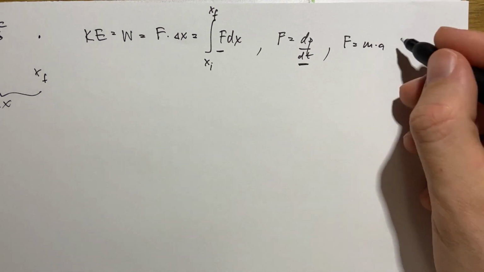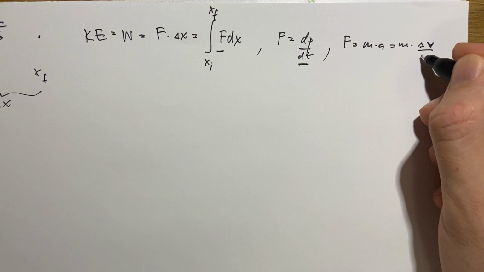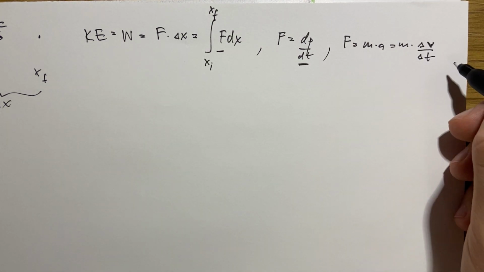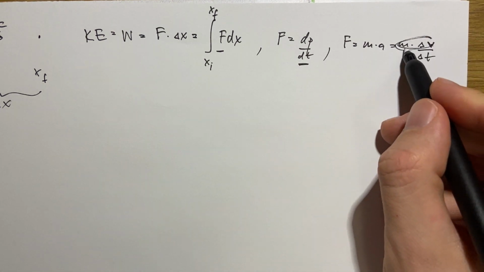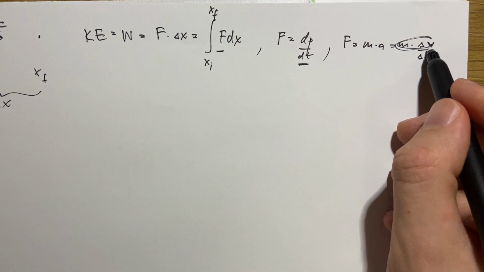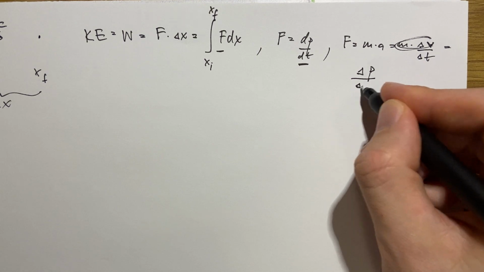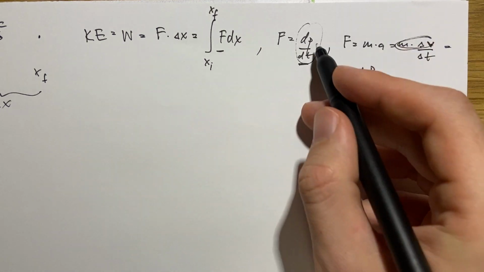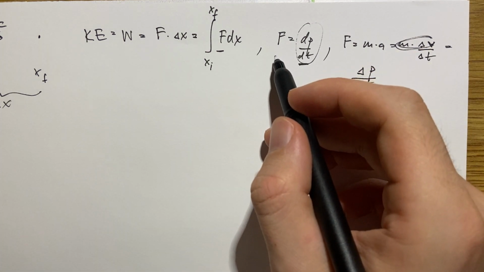And the acceleration, well, that's just the difference in velocity over the difference in time, right? And then we see that the momentum, which is the mass times the velocity, varies. So we will get delta p over delta t. Hence the expression dp by dt for the force.